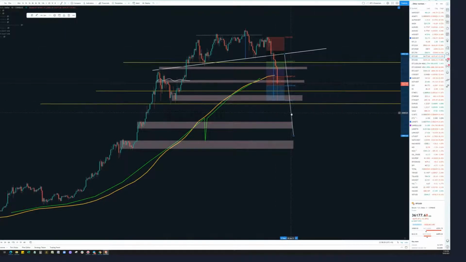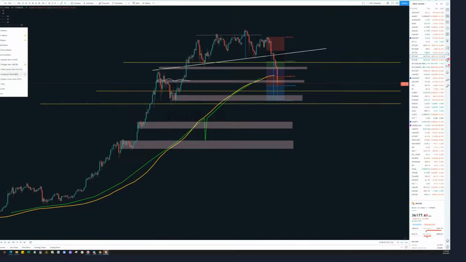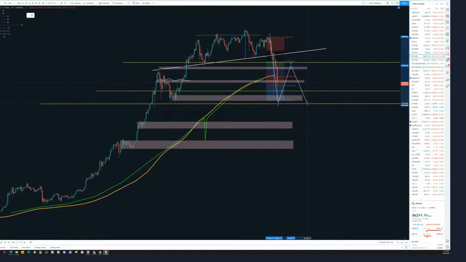The other scenario is, if we have our A, wherever that B is, I don't know where it is. So it's here, which makes sense. In this range, we can have a double bottom. So that could be the case where we move up, or we have one even better where we have a higher low.